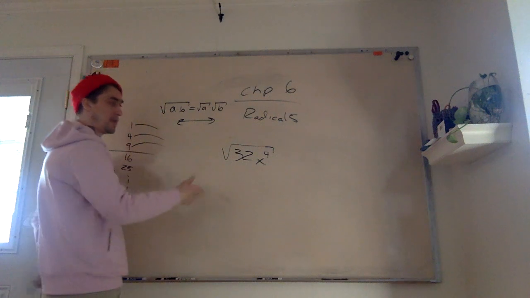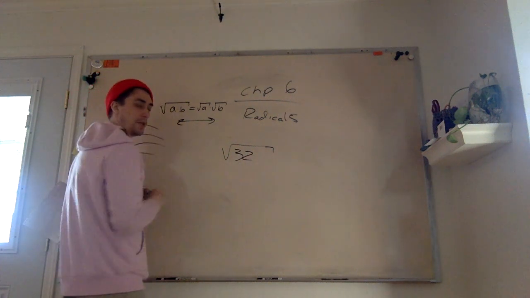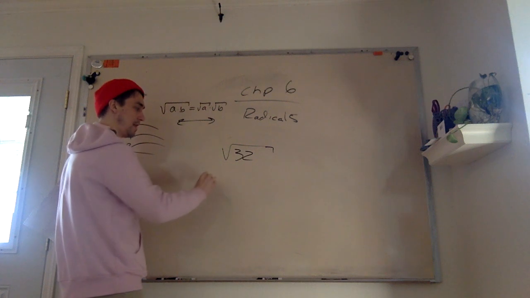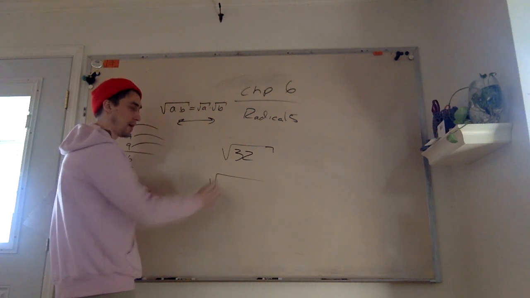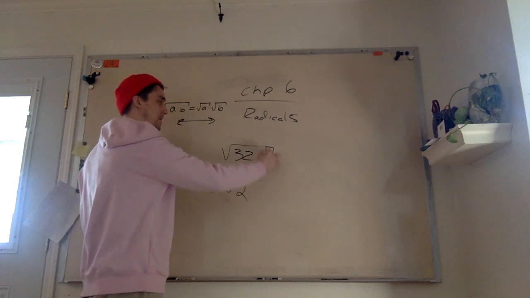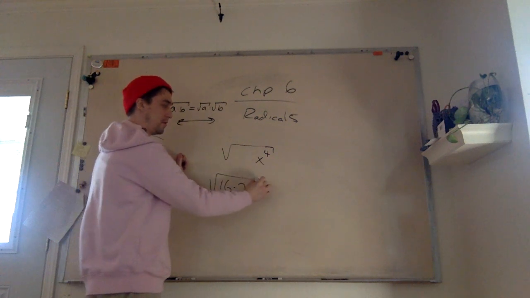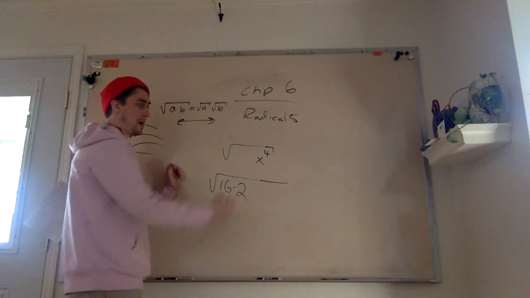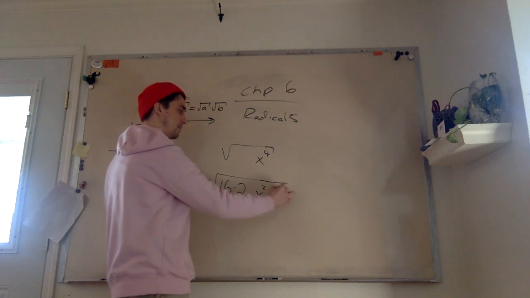So if I was doing this, I would first act like it was just the square root of 32, and bust 32 into two numbers, one of which is a perfect square, so 16 times 2. Then once I've done that, I'll act like it's just the variables and do the same thing. I would break x^4 into x^2 times x^2.